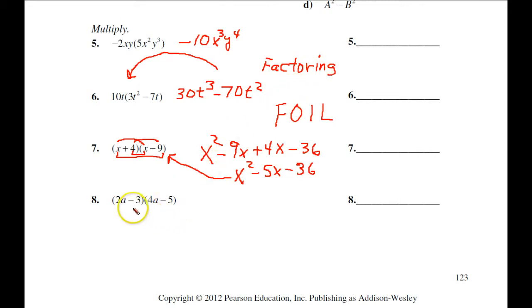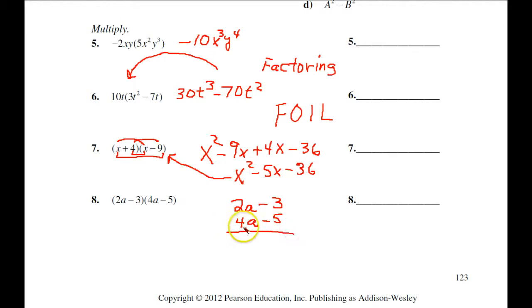Now, for this method, and this can be used generally, depending what you're comfortable with, for multiplying a binomial, you would go 2a minus 3, and then underneath it you would put 4a minus 5.